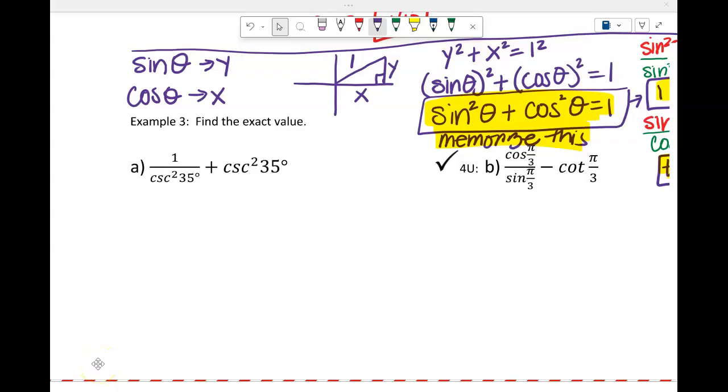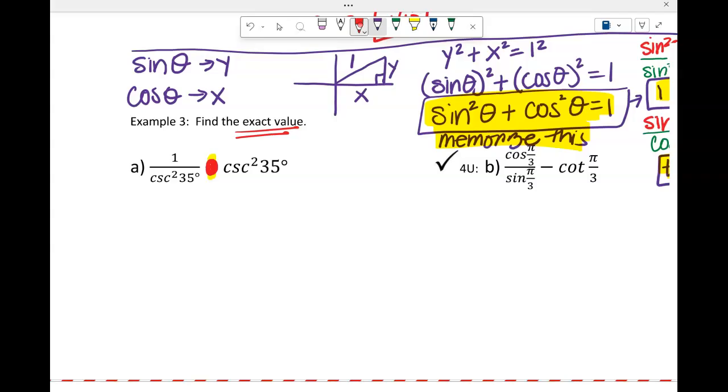All right, guys, for this one, can you do me a favor and change this to multiplication? Instead of the addition, can you make it a big old dot? So we have 1 divided by cosecant squared of 35 degrees, and we want to find the exact value, that means no calculator, times cosecant squared of 35 degrees.